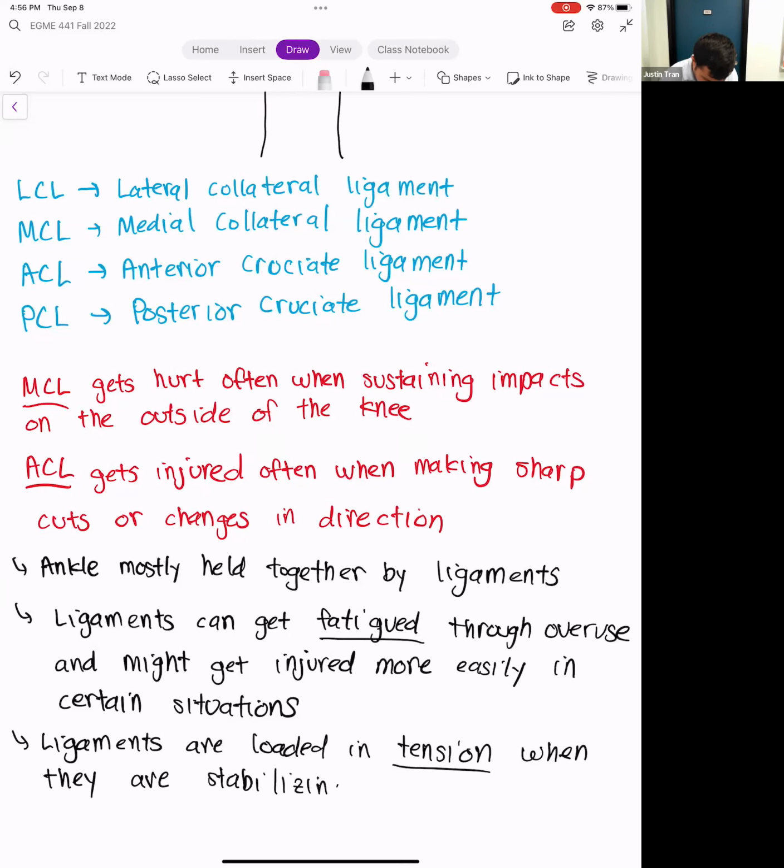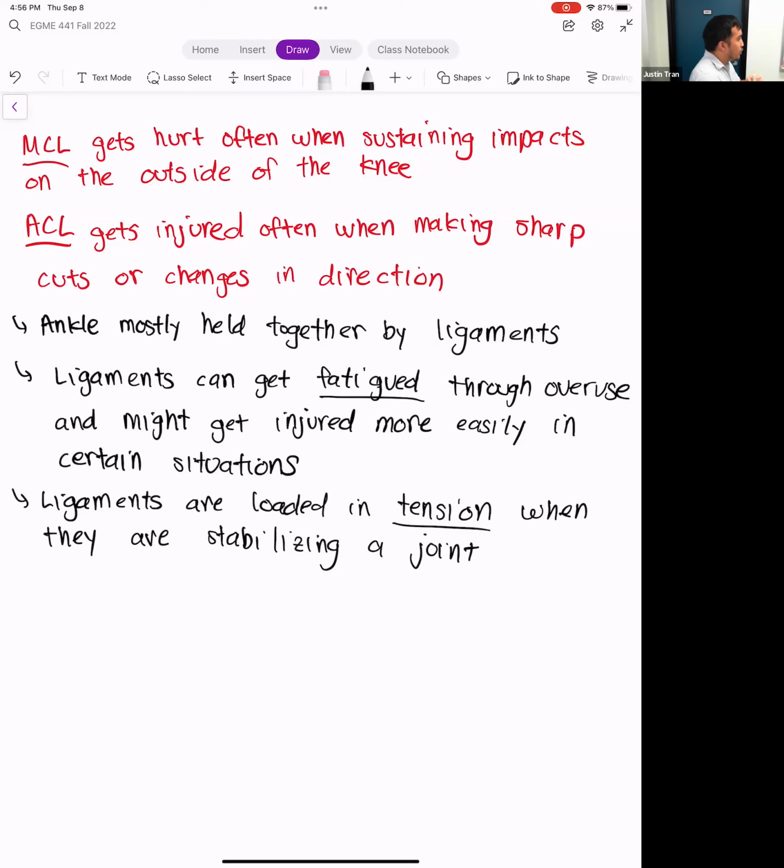Okay. So that's a fundamentally different way to provide stability rather than pushing two harder surfaces together. So that's an important distinction I want to make.